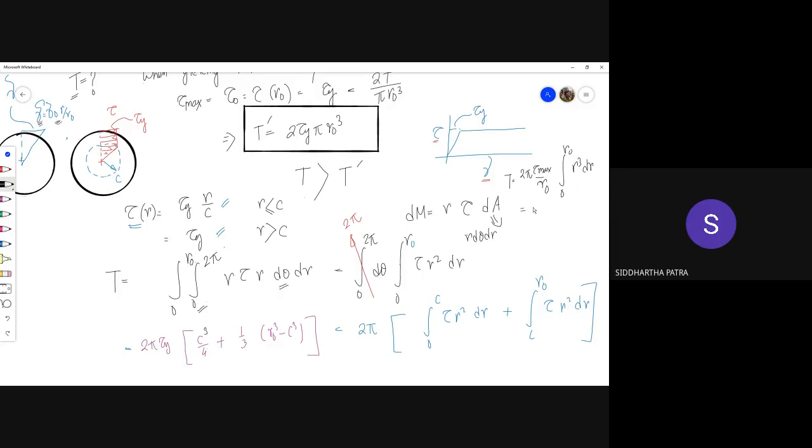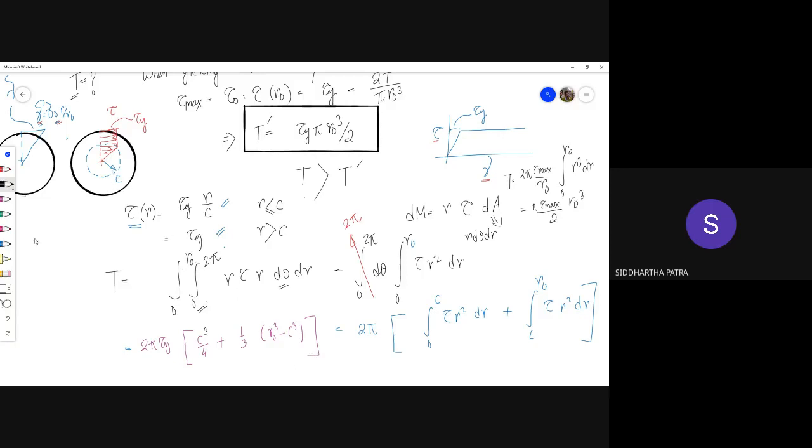And that should be r0 cube by 2. So my point is, I have written this expression wrong. It should actually be divided by 2, isn't it? Yes, sir. Okay. So this is the expression when you are producing an arbitrary elastic core of size c.